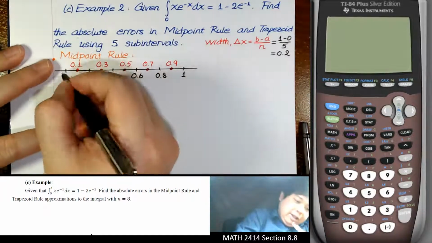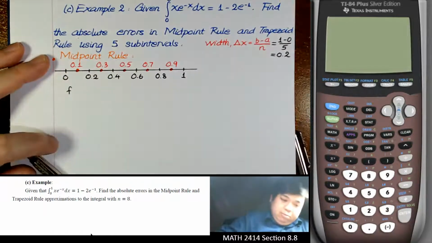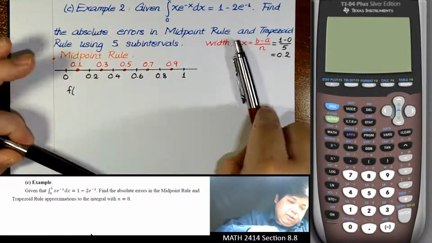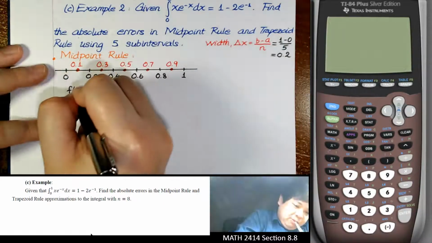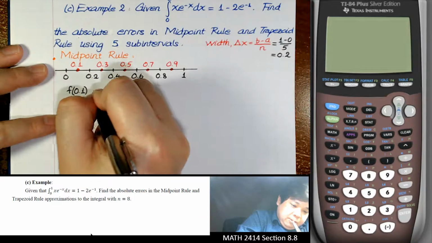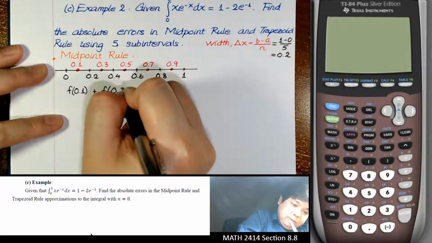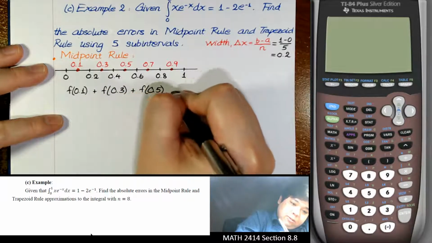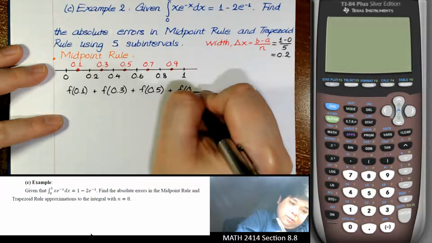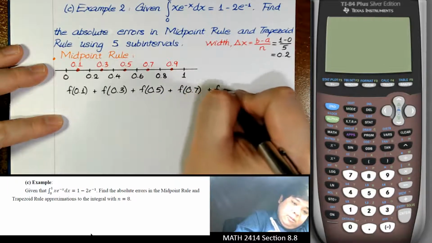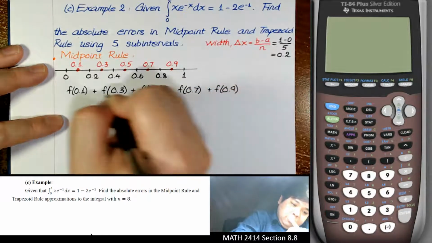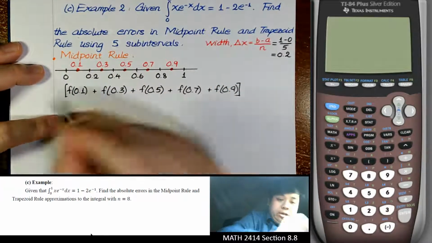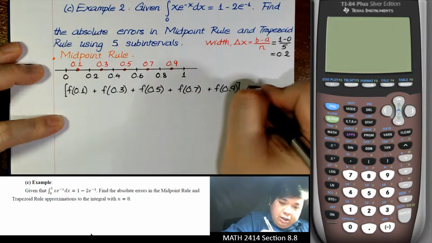So f of the midpoints: add the values at the midpoints and then times delta x.